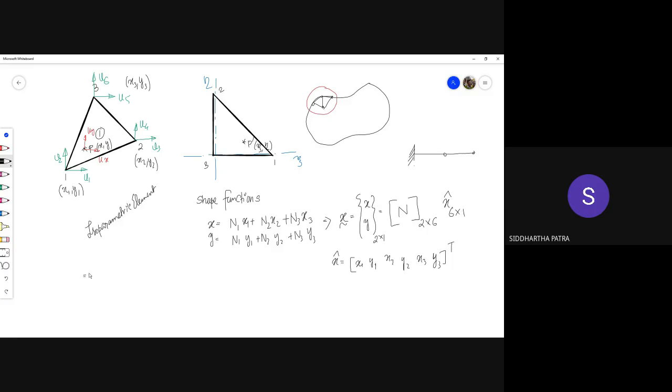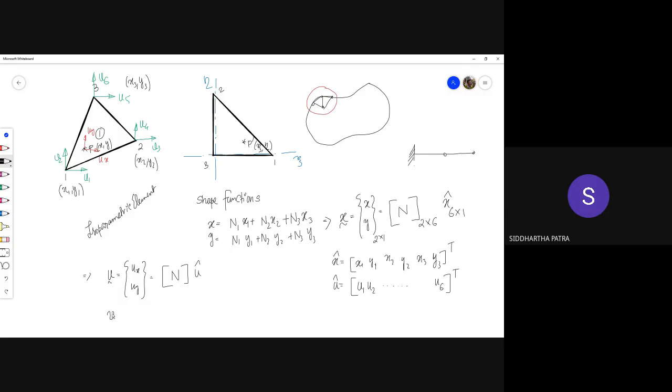Similarly, we can represent the degrees of freedom values at any given P as ux and uy, just like this, N times u hat, where u hat is this quantity u1 u2 up to u6 transpose.